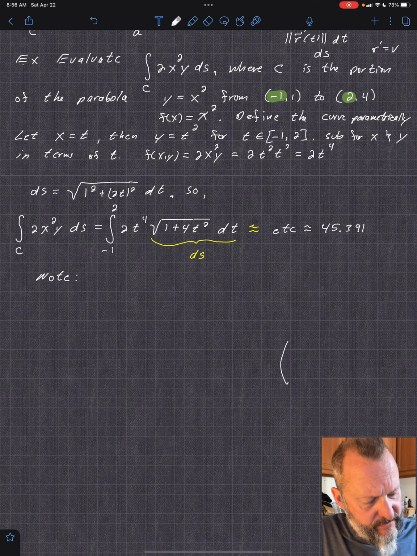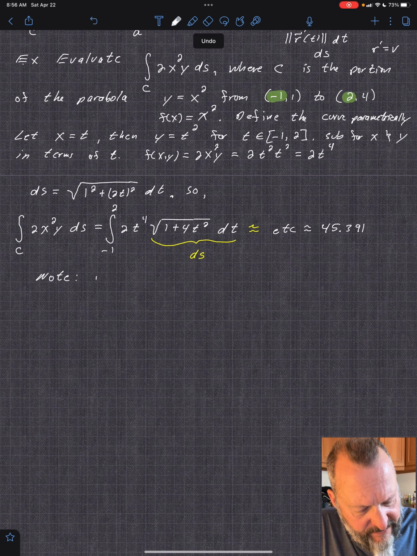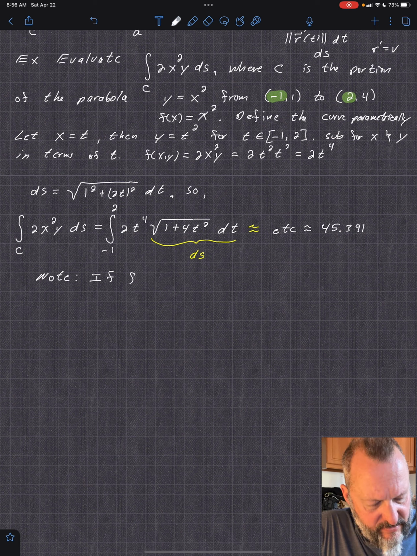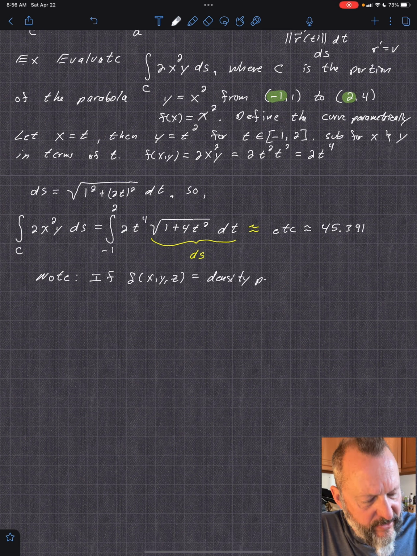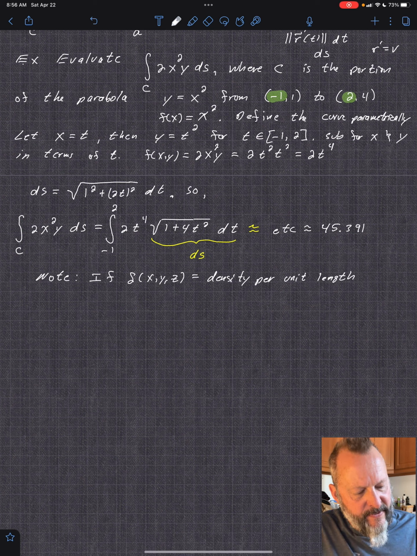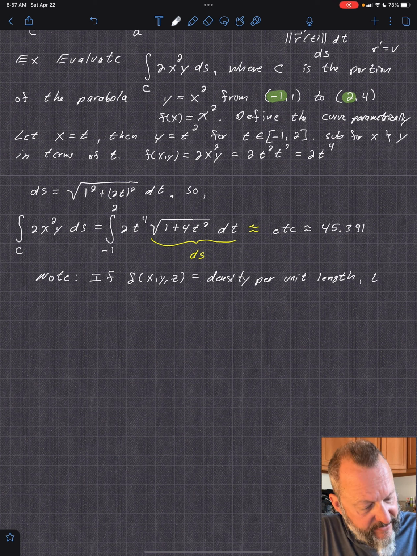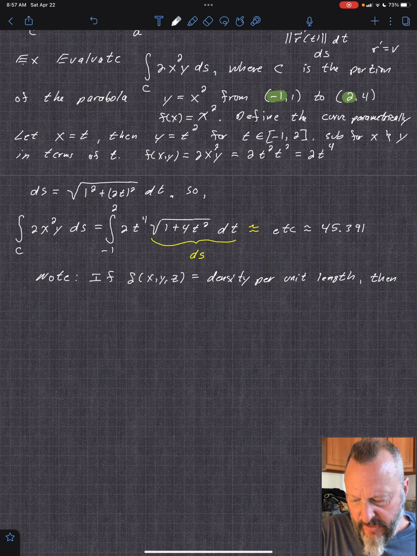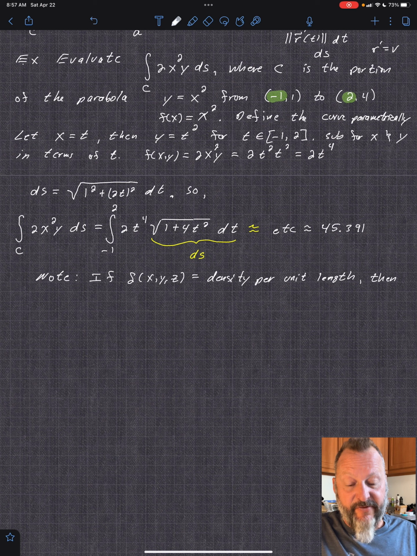If you have some sort of curve, say it's like a wire, defined somehow, and you write delta of x, y, z as density per unit length, then if you do this line integral, you can get the mass of the wire.